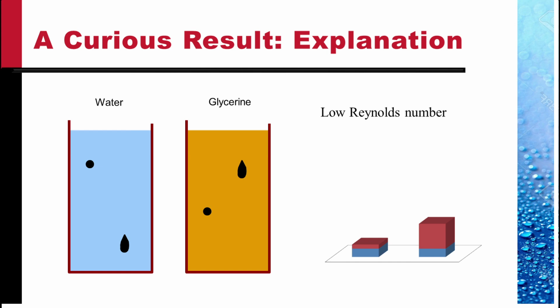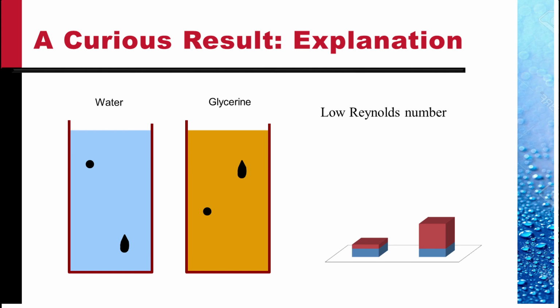the streamlined body reaches the bottom much faster because it has lesser drag, and so the net force is more, and so it accelerates faster and reaches the bottom faster. This is as per our expectation.